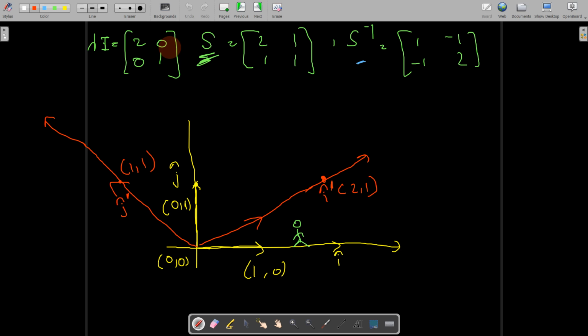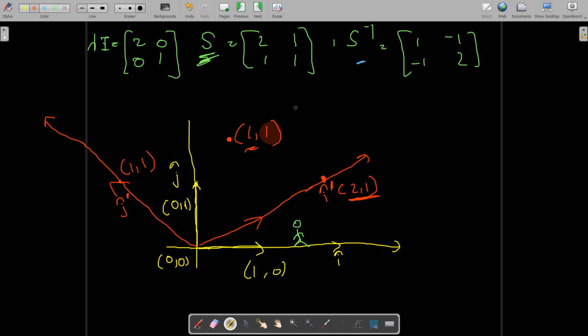When you multiply with S, with respect to this yellow i cap and j cap, the coordinate of this eigen i cap is 2 1, and the coordinate of this red eigen j cap is 1 1. And in the eigen coordinate system, treating i cap dash as the x-axis, this point was 1 comma 1, right? Now in the original coordinate system, what will the coordinate of this point become?